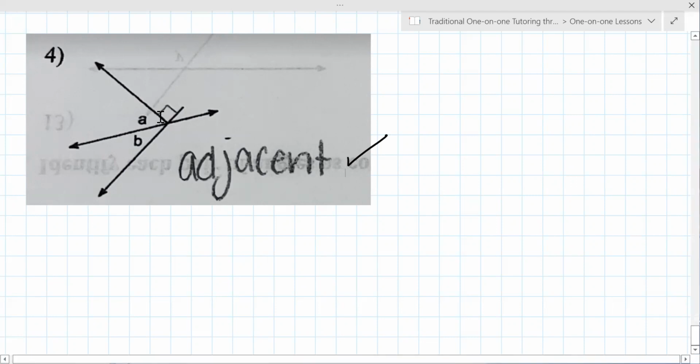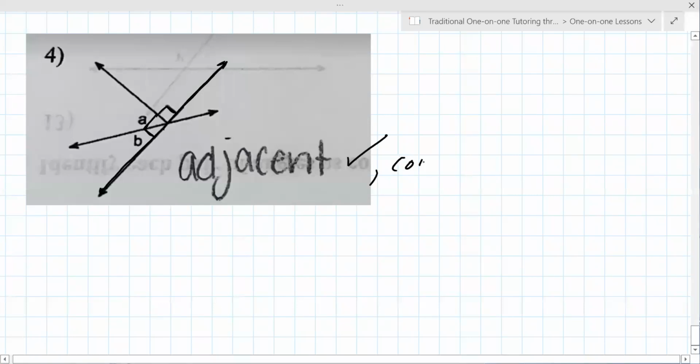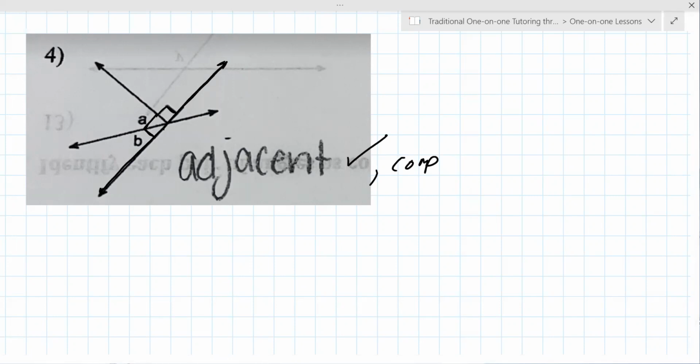If you're not sure, you have to remember that this line forms 180 degrees. So this right angle means there's also a right angle over here. So they are also complementary because they add up to 90. And 5 is the same.